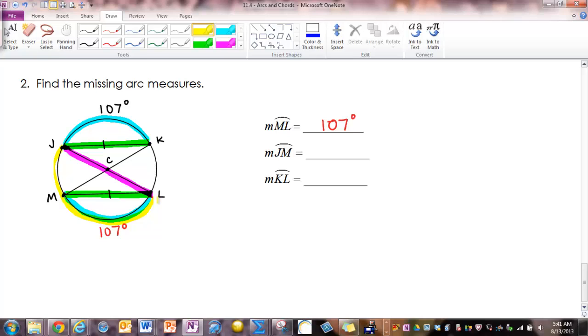So if I want to find the measure of arc JM, what I'm going to do here is take 180 and subtract off the 107, and that gives me the measure of arc JM, which is 73 degrees. Using that same analogy, the measure of arc KL on the other side will also be 73 degrees.